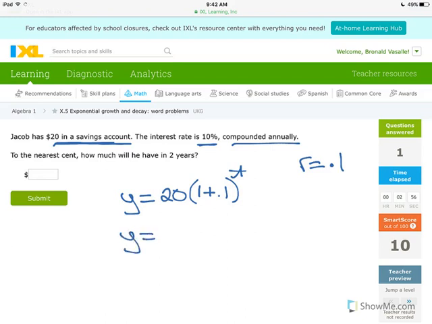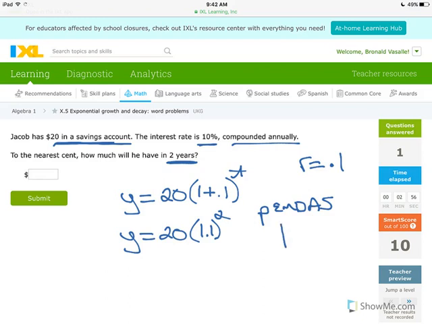So Y equals 20. We'll simplify the 1 plus 0.1 and call it 1.1. And how long is it going to go for? What's his time? 2 years. And you can work that out on a calculator. Do 1.1 to the second power, then multiply it by 20. Make sure you remember to follow PEMDAS, your order of operations.